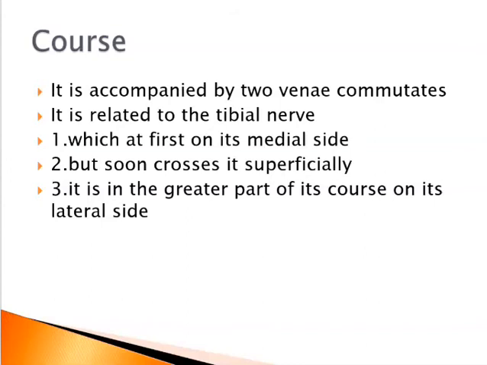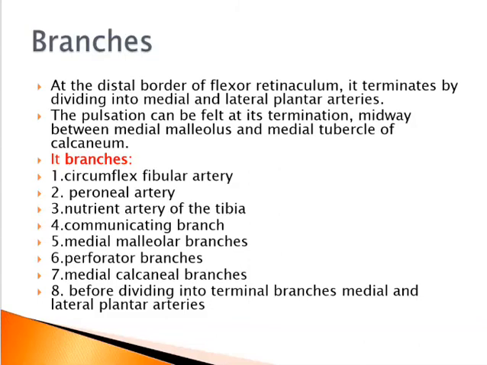The tibial nerve, which was earlier on the medial side, soon becomes superficial, and in the greater part of its course, it is on the lateral side. Coming to branches, at the distal border of flexor retinaculum, it terminates by dividing into medial and lateral plantar arteries. Its pulsation can be felt at its termination, that is midway between medial malleolus and medial tubercle of calcaneum.